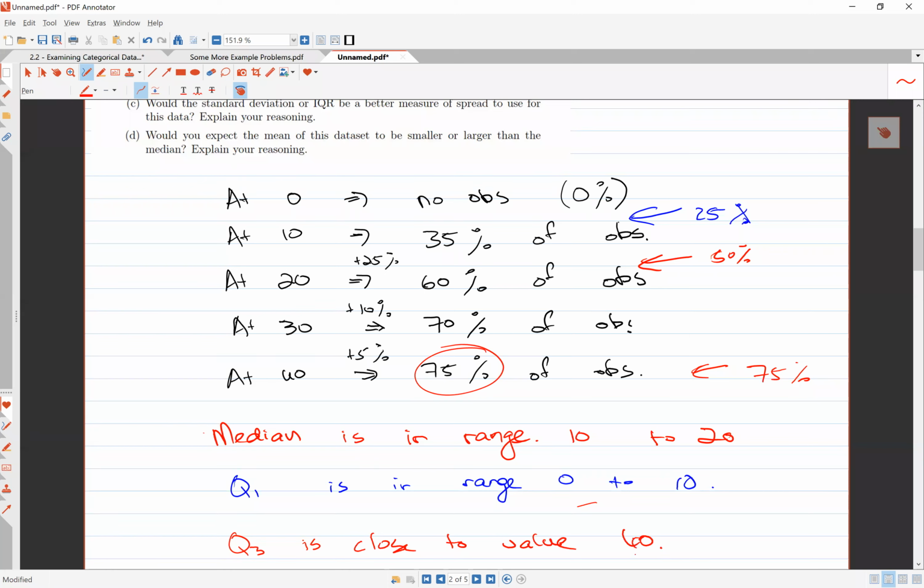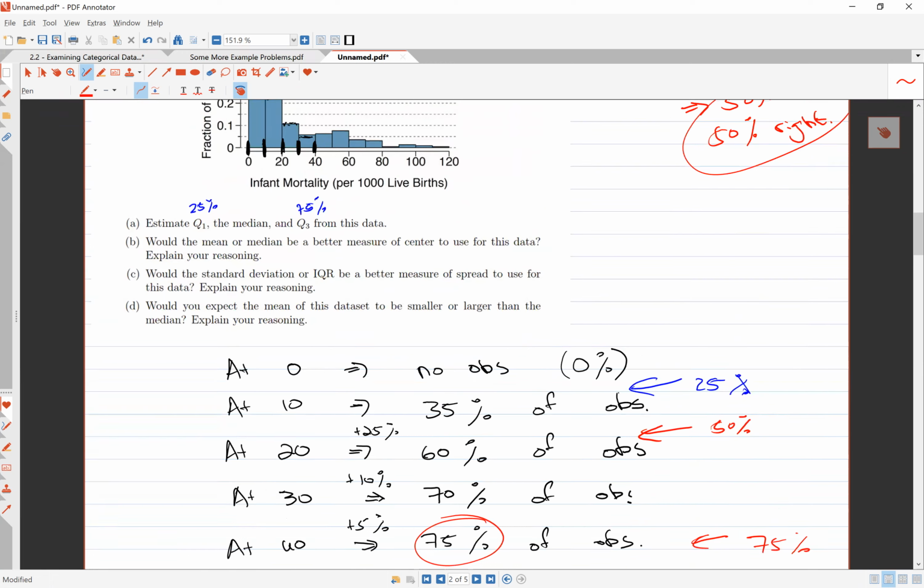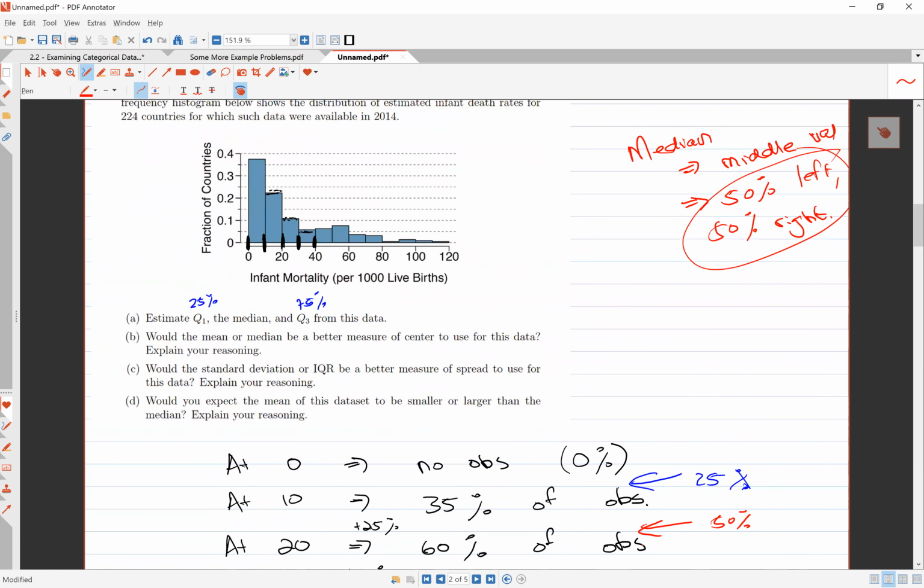We don't have to give a range here because we ended up close to 75%. So this is all I would be looking for here, for you being able to identify a range that includes a possible value. And you'll definitely see something similar to this on your next homework.